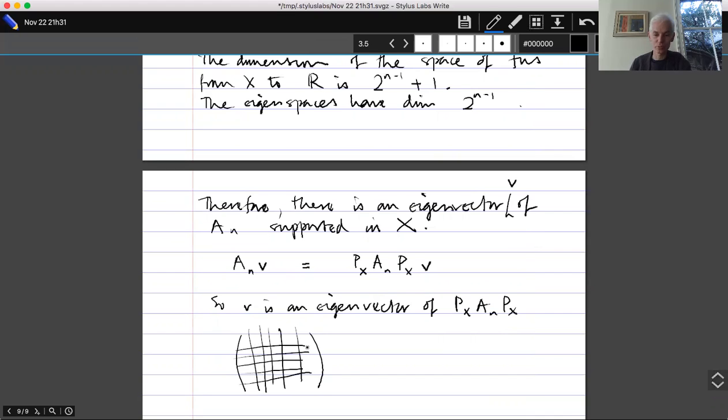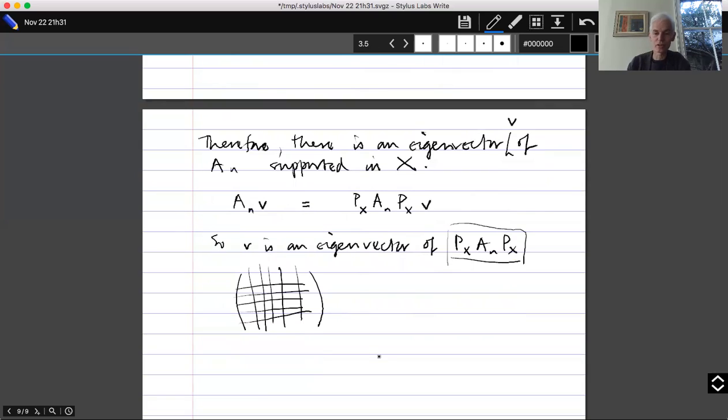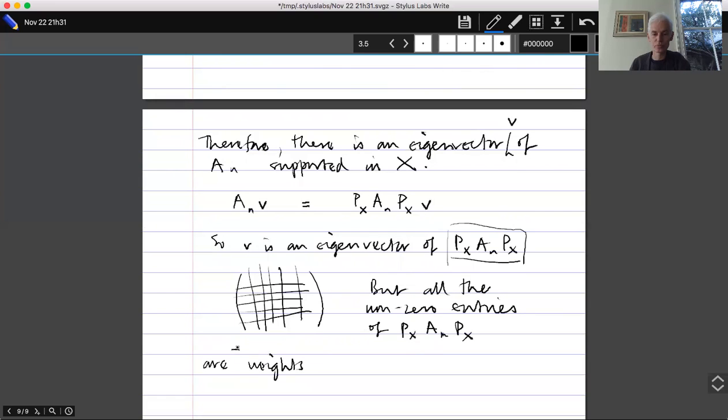So we're taking a square matrix whose rows and columns correspond to the elements of X. Or in other words, all the non-zero entries of P_X A_n P_X are weights, also plus or minus 1 weights, on edges of the induced subgraph.